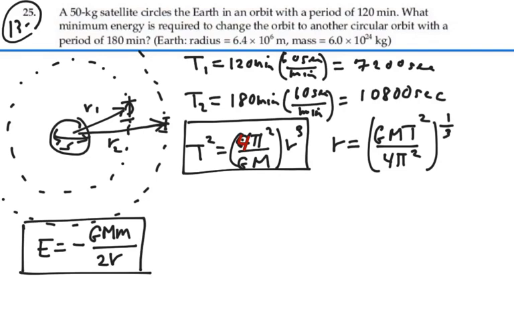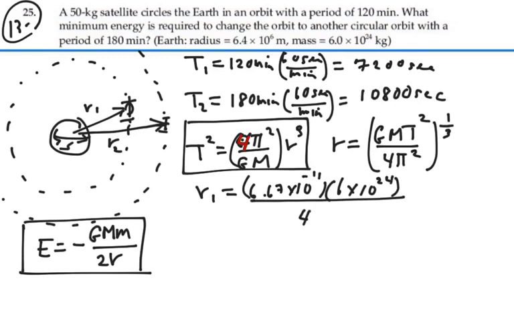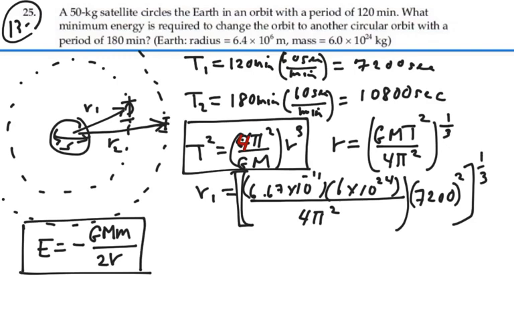All right, so my radius 1 is going to equal G, 6.67 times 10 to the minus 11, times the mass of the Earth, which is 6 times 10 to the 24, over 4 pi squared, all that times T squared, which is 7,200, and then all this to the cube root power. 6.67 times 10 to the minus 11 times 6 times 10 to the 24 divided by 4 pi squared is 1.01 times 10 to the 13.